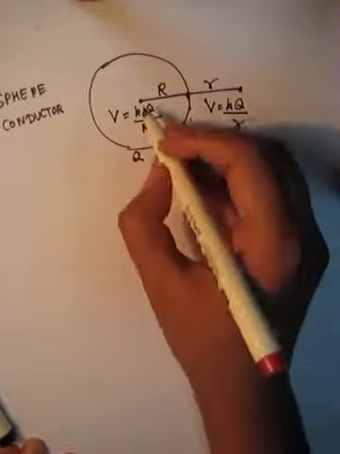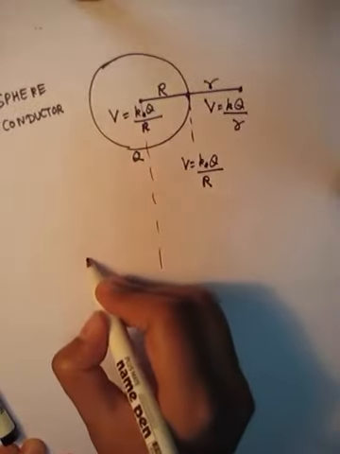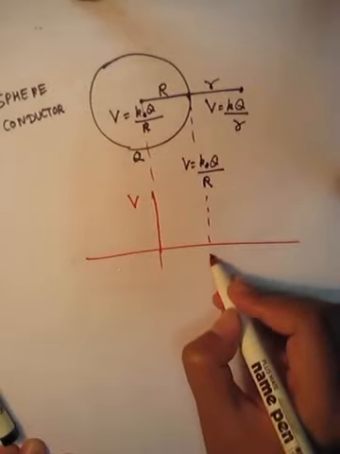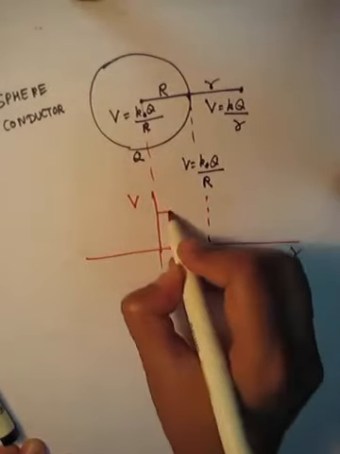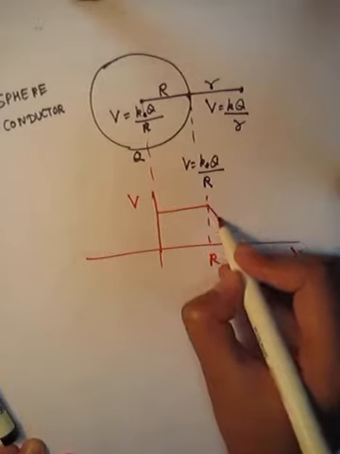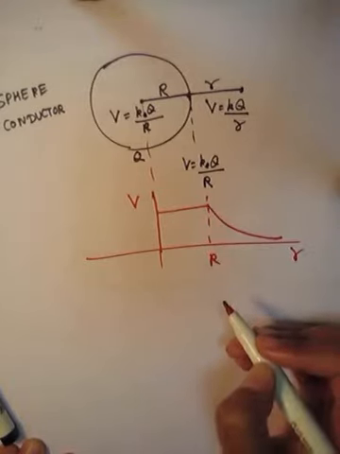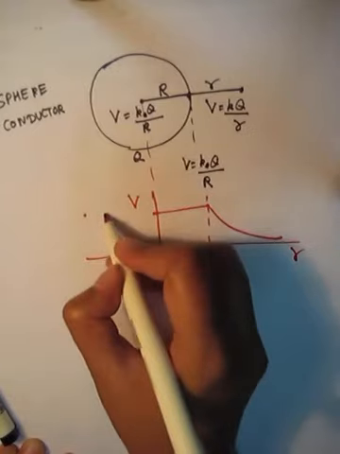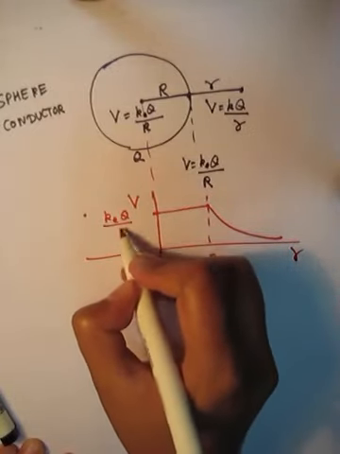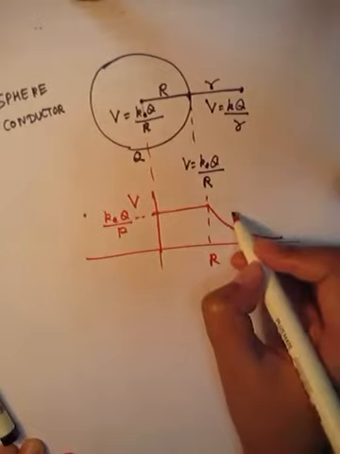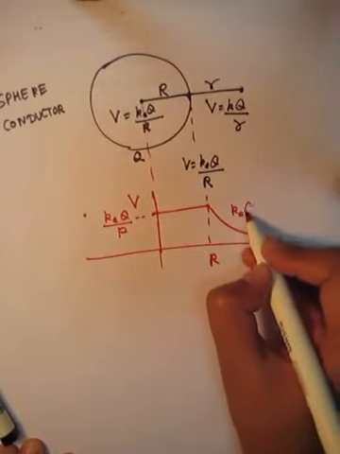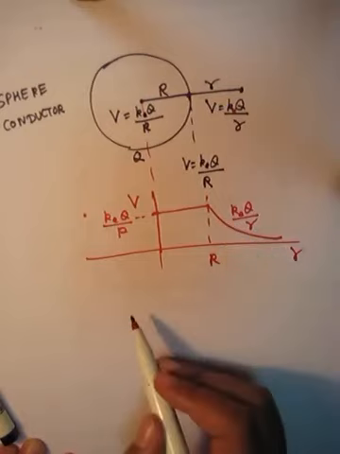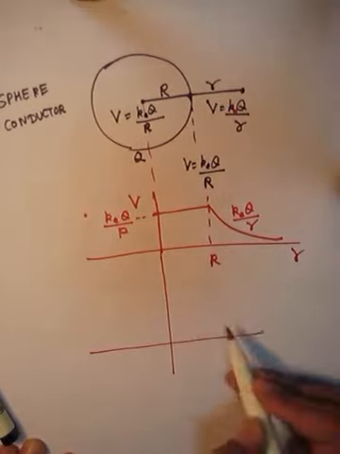So if I have to plot the electric potential with small r, it has a constant value inside a conductor and it varies outside. So here this potential will be equal to KeQ upon capital R, and here it will be KeQ upon small r, so it will decrease with r. But you can also plot the electric field.